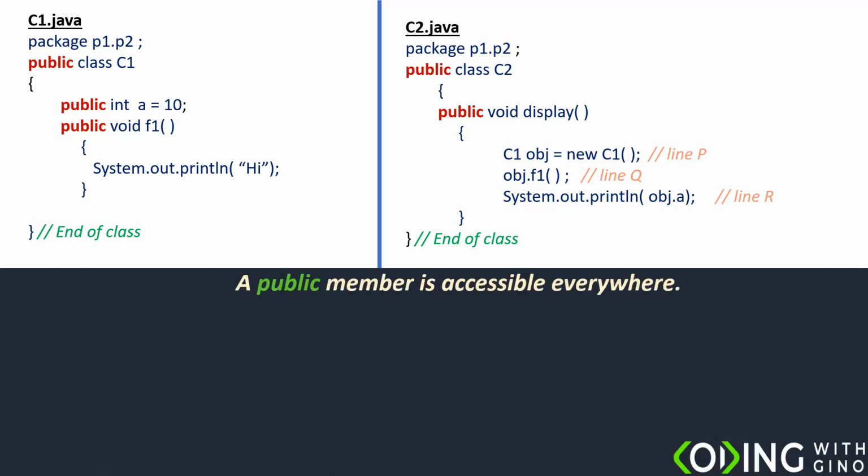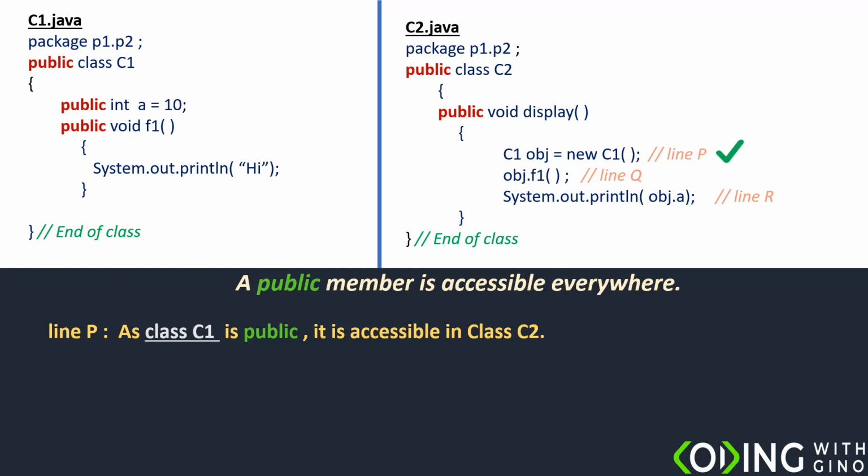We know that a public member is accessible everywhere. On line P, C1's object is created. But is C1 visible in C2? C1 is public, so it can be accessed anywhere, including in C2. So, line P works. On line Q, F1 is called.